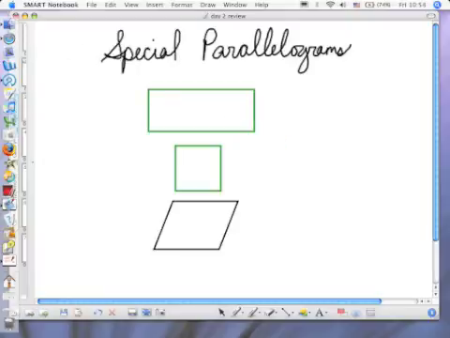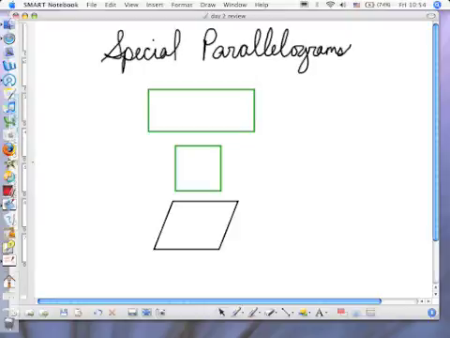We talked about special parallelograms in this chapter. We had rectangles, squares, rhombuses. Now, since these are all parallelograms, they all share the characteristics that we already discussed. Both pairs of opposite sides are congruent. Both pairs of opposite sides are equal.